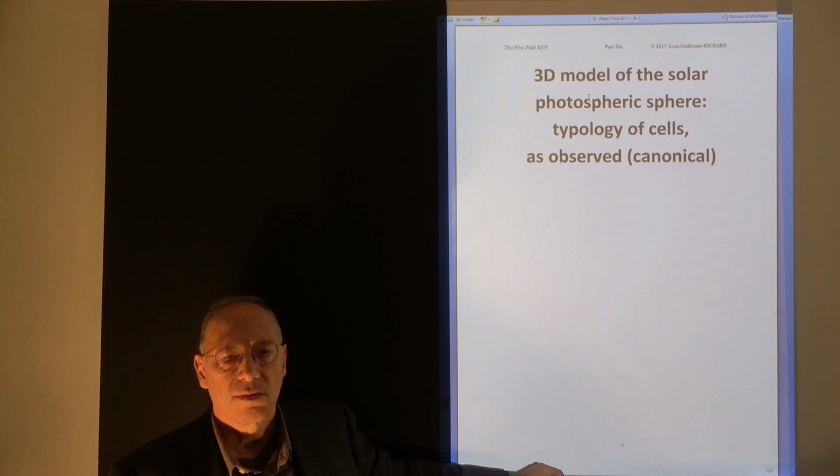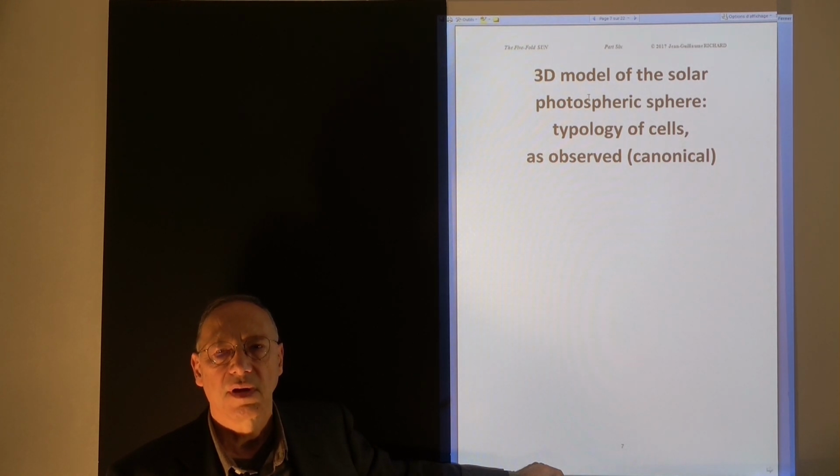We will now see on a 3D model of a spheroid like the solar ball how this typology of cell sizes looks like in observations, at least in the accepted canonical estimate of 1992.